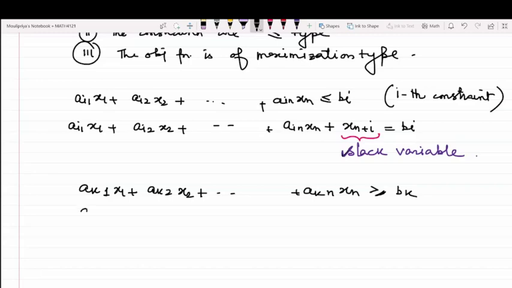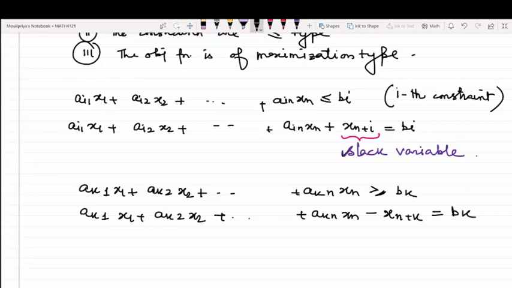By that I mean, I rewrite it as ak1 x1 plus ak2 x2 plus akn xn minus a non-negative quantity equal to dk. Can this be done? We simply subtracted a non-negative quantity from the left so that it becomes an equality. And this quantity that is subtracted is known as a surplus variable.